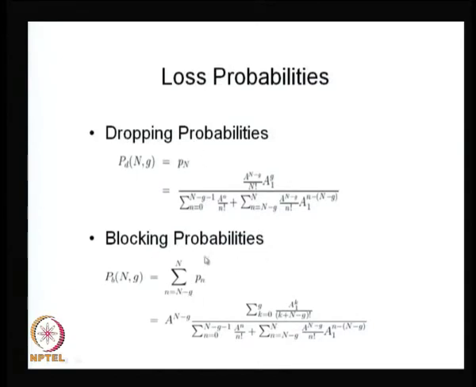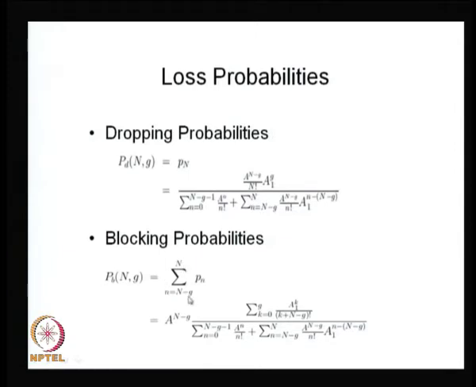Blocking probability is related to the new calls. The new calls are blocked, they do not even enter the system, whenever the number of available channels is less than or equal to g. Therefore, when the system size is from n minus g to capital N, the new calls are blocked.